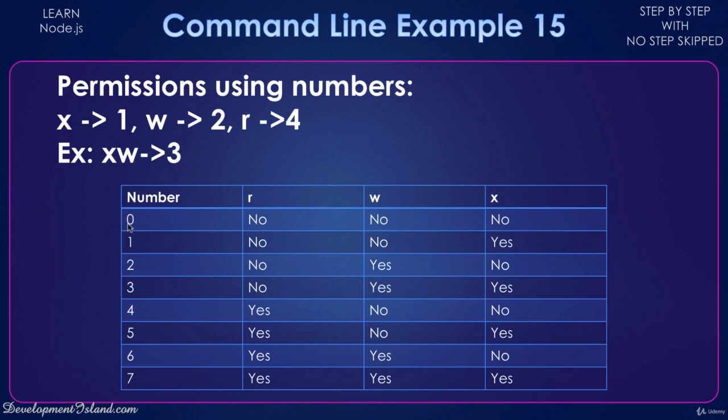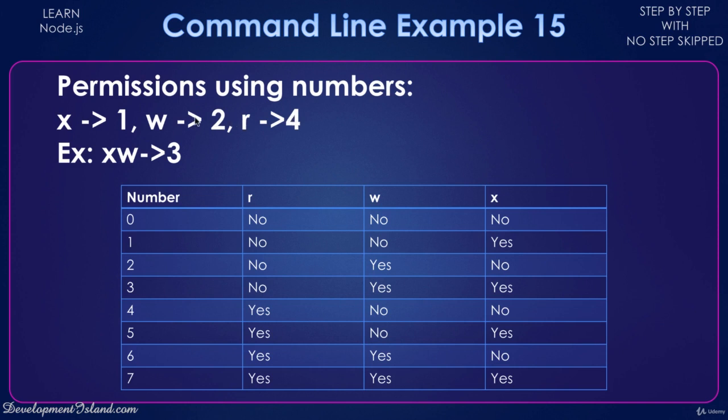For example, 0 means that we don't have any permission. 4 means that we have the read permission, but we don't have the write or execute permissions. So each permission has got a corresponding number. Execute corresponds to 1, write is 2, and read is 4.